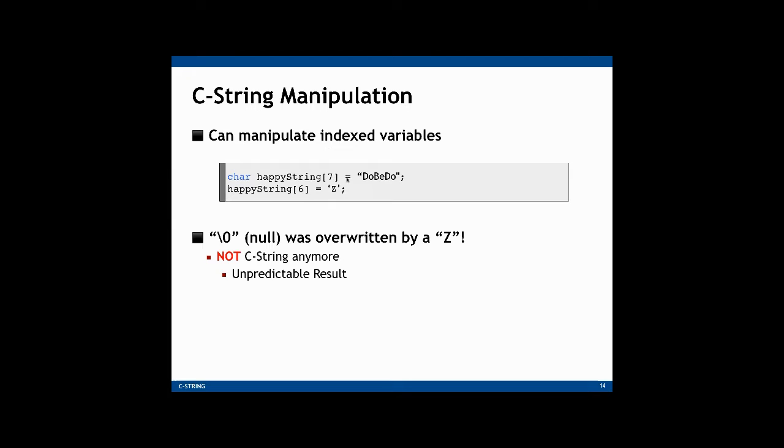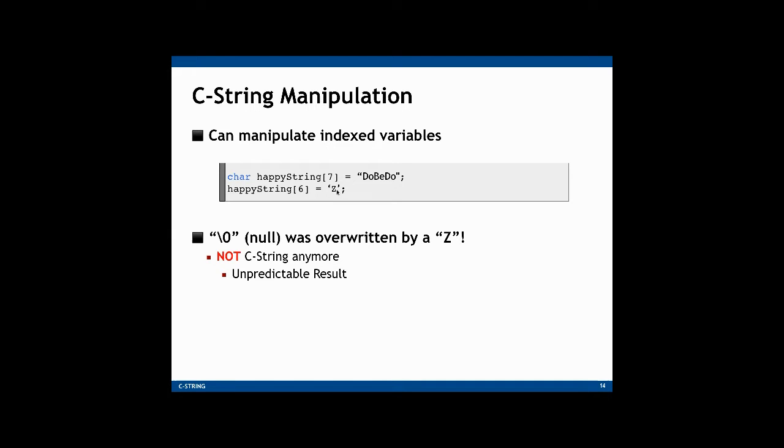So here, if you look at this string, the index starts from 0, so 0, 1, 2, 3, 4, 5, 6. At index 6, there is a null character, but if you look here, we are storing character Z in index 6, which overrides the null character.